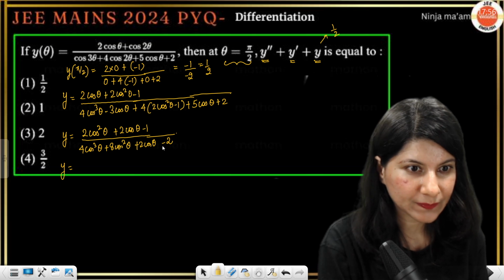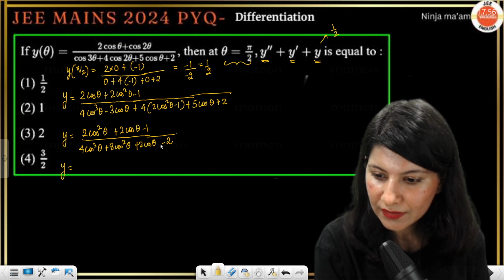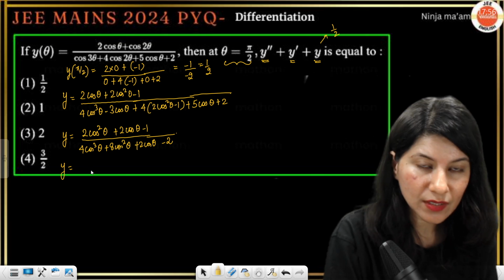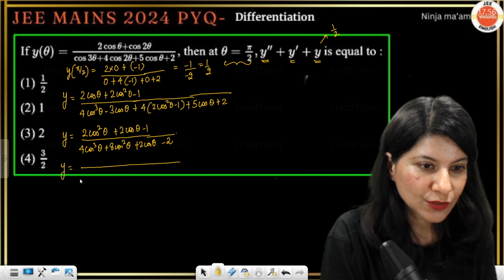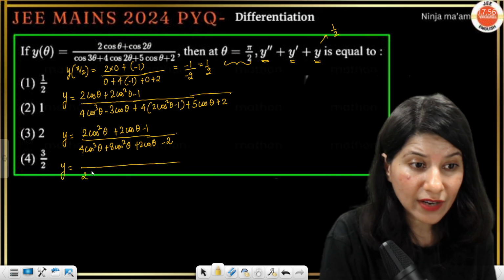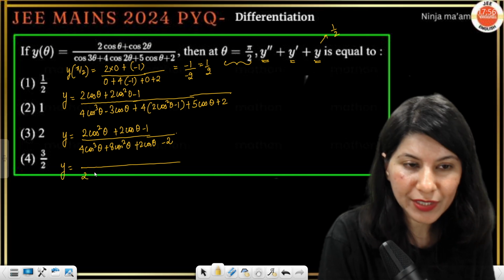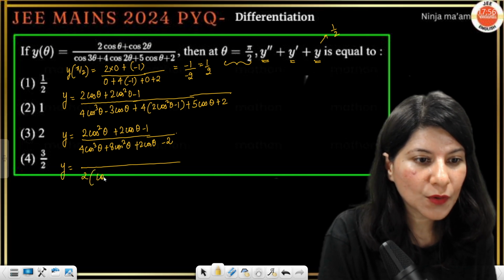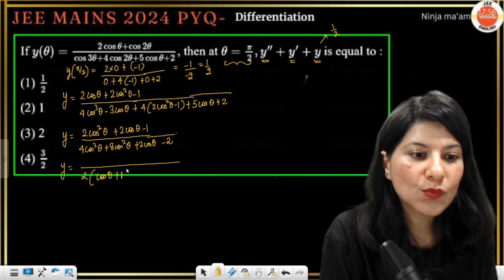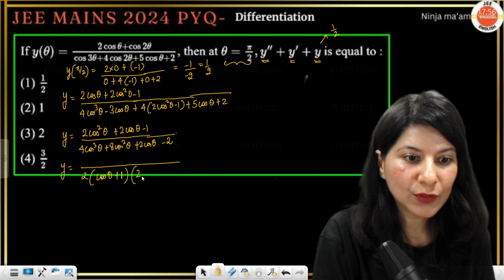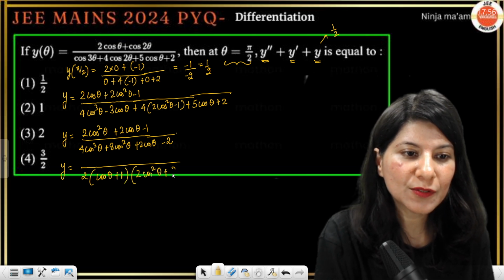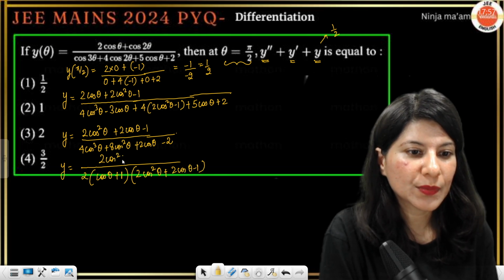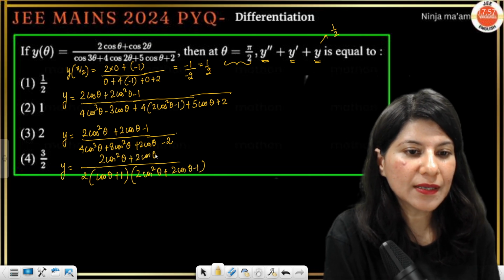Yes, 2 can come out, definitely. After taking 2 out, if you just split the denominator, what you will get is cos theta plus 1 and 2 cos square theta plus 2 cos theta minus 1. This is again 2 cos square theta plus 2 cos theta minus 1.